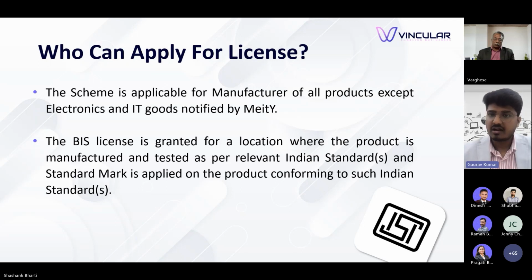Similarly, if a factory is based abroad, say Taiwan, with factory X in one district and factory Y in another place, then also they have to apply for two different licenses. And the license will be issued only to the actual manufacturer who is producing the goods. Next, please.